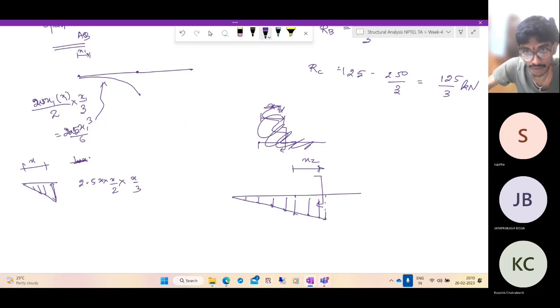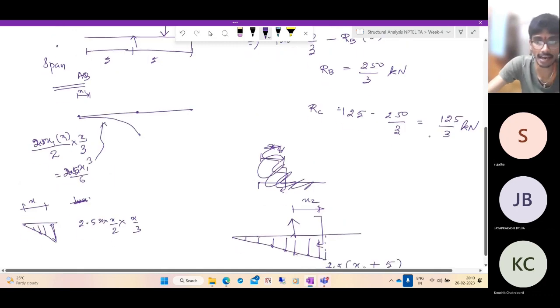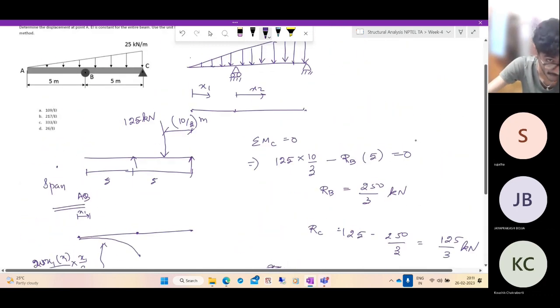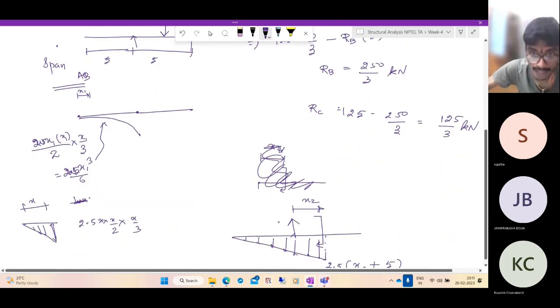And what is the maximum value here? You need to take 2.5 into x2 plus 5, because this is also to be included. And there is an upward force of RB, right? RB is 250 by 3.